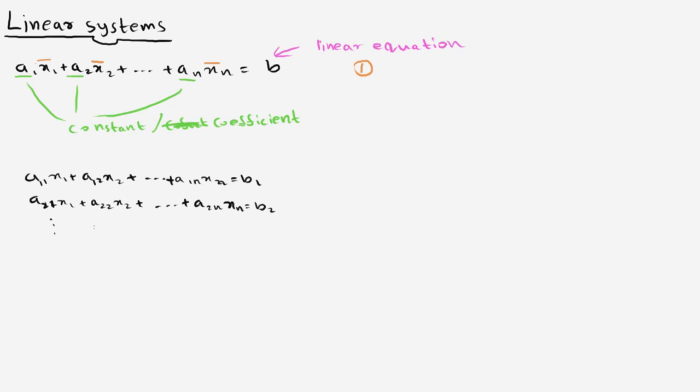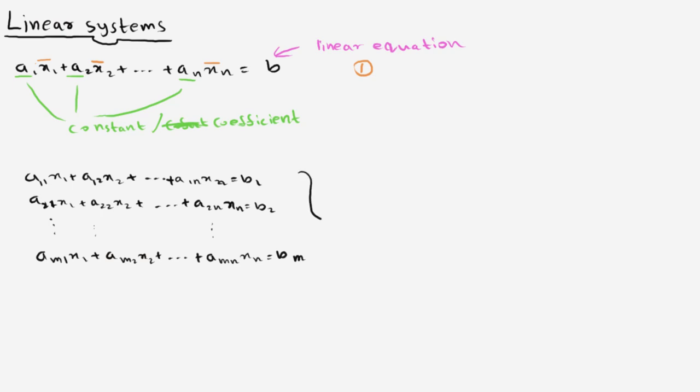Then likewise, let's say we have m equations: am1 x1, am2 x2, dot dot dot, amn xn equals some bm value.